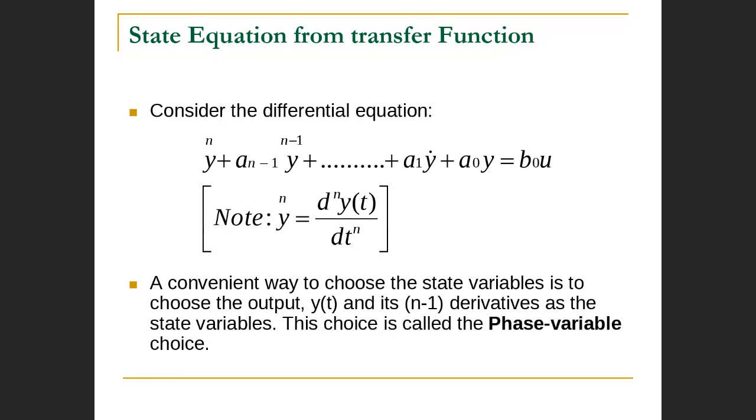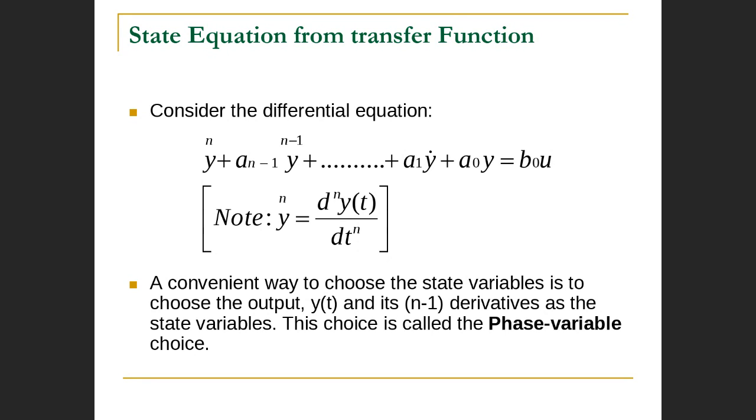Now, given that a system is defined by a differential equation of the form stated here, it's an nth order differential equation where y is the system output and u is the system input. A convenient way to choose the state variables is to choose the output and its n minus 1 derivatives.